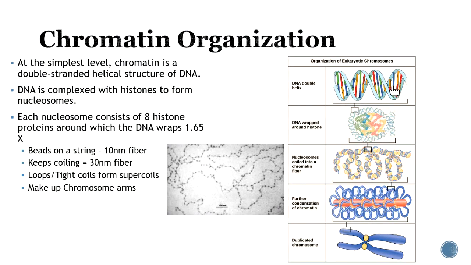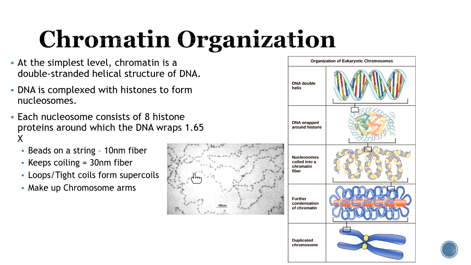The next level is what we call histones, which are proteins. They form a little protein ball, and the DNA wraps around them, about 1.65 times around a histone. It looks like what we call beads on a string. This micrograph shows a 10 nanometer fiber, DNA wrapped around those histones.